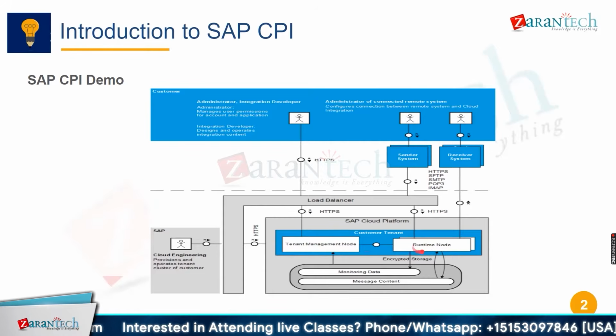But if you go to the runtime node, you will not do any modifications. You only check the dashboard, whether the message is in completed status or not. Other than that, you will not do any operation. Once the execution is completed, you can send to the receiver system, but the data will be stored in an encrypted way. It's a very secure way they designed this architecture.